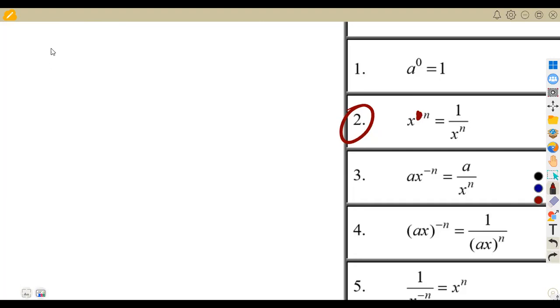So if I'm given x to the exponent of negative n like this, we are going to have it as 1 over x to the exponent of n. So to just remove a negative here, you write it as 1 over. The moment you write it as 1 over like this, you have removed the negative.